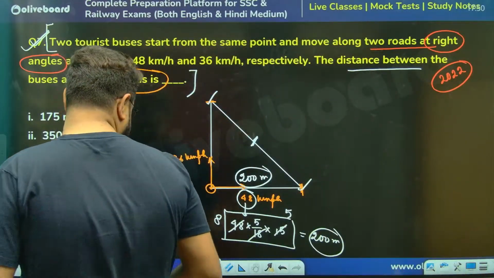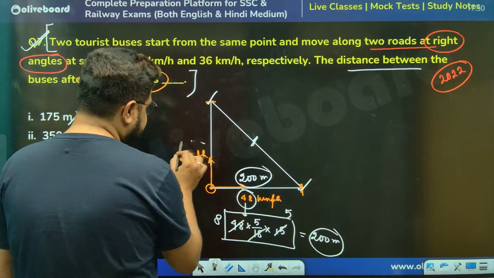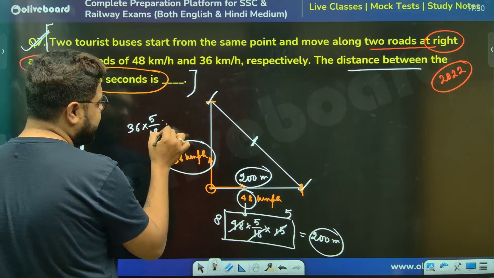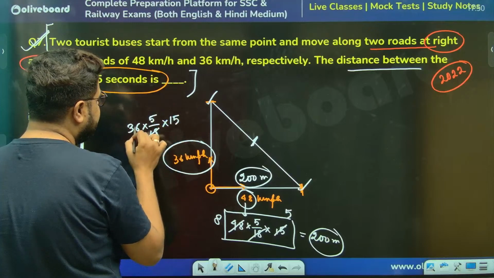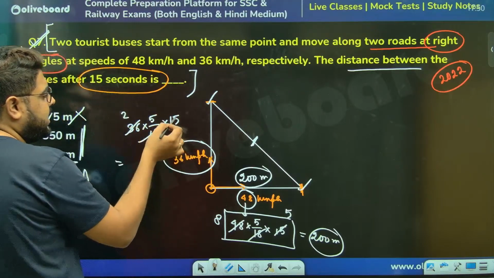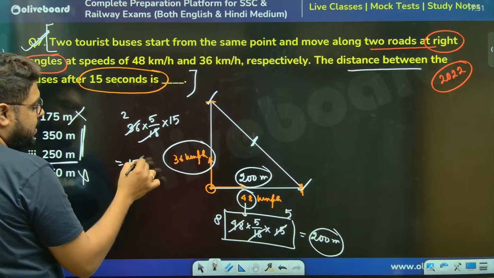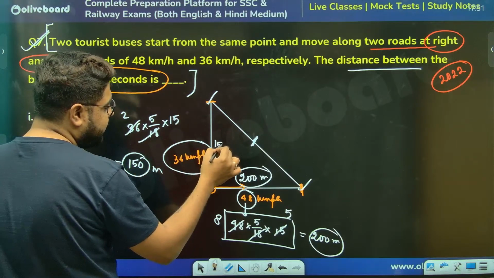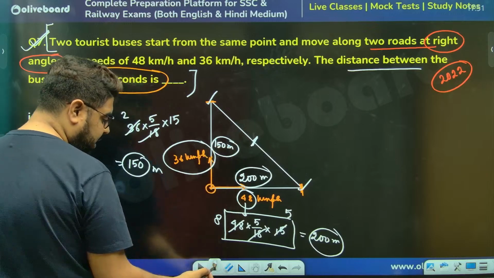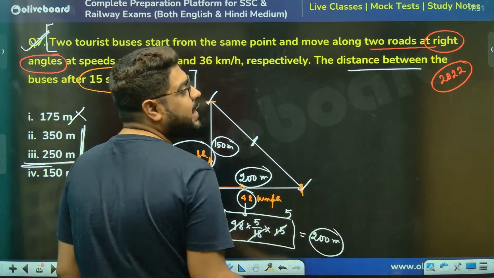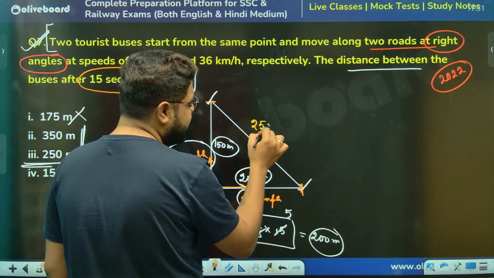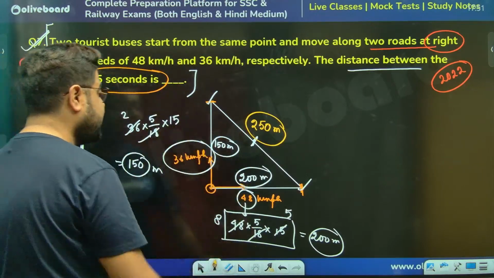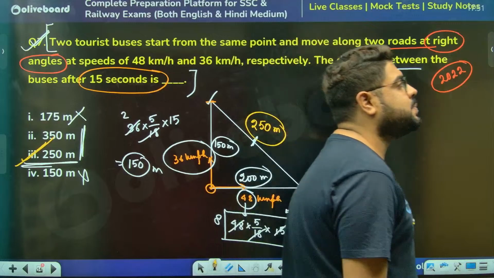Let's see now. 36 kilometer per hour is 5 by 18 meter per second into 15 seconds. 18 twos are 36, 15 fives are 75, so 150. See, the Pythagorean triplet has come. So this distance is 150 meters. 150, 200 and 250 is a Pythagorean triplet. So this will be 250 meters. The answer is option number 3.